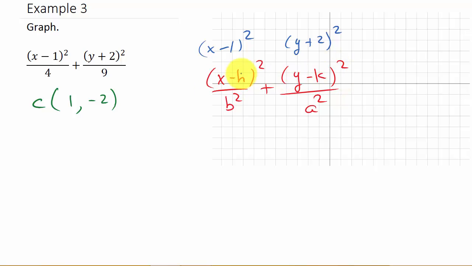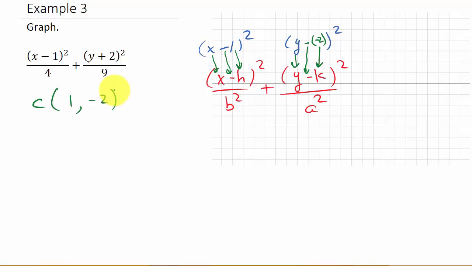Those are the numerators. All right, we'll see, here's your x, there's your minus sign, and there's h, which is 1. Here, there's your y, but notice this is a plus. We need to write it as minus. So how can we rewrite plus 2? Well, we can write it as minus negative 2. And so now we have our minus sign, and then here's k, which is negative 2.